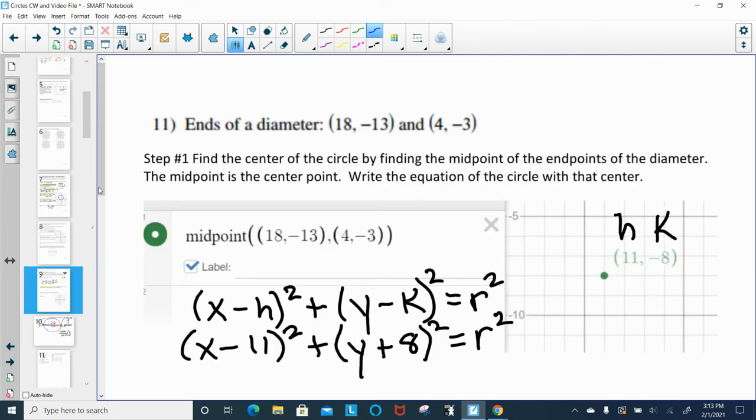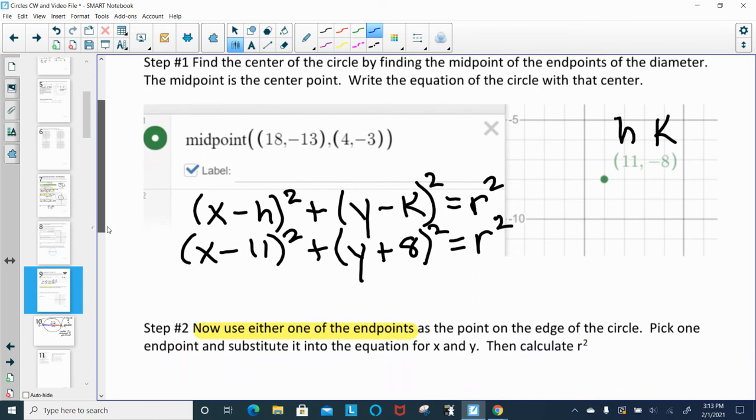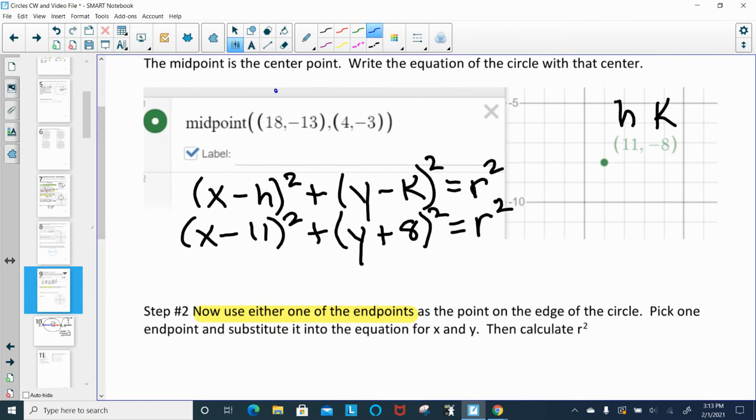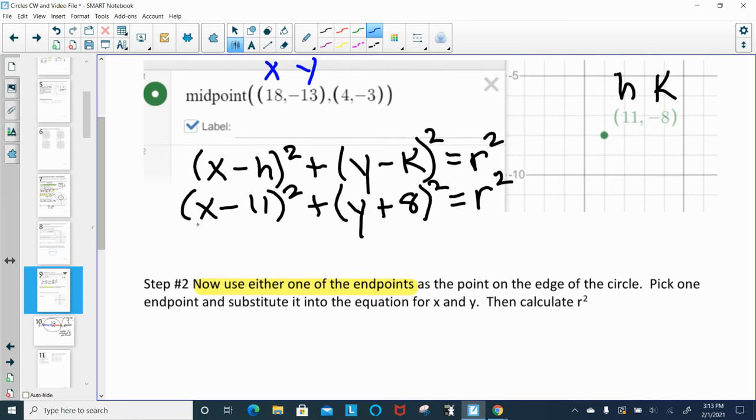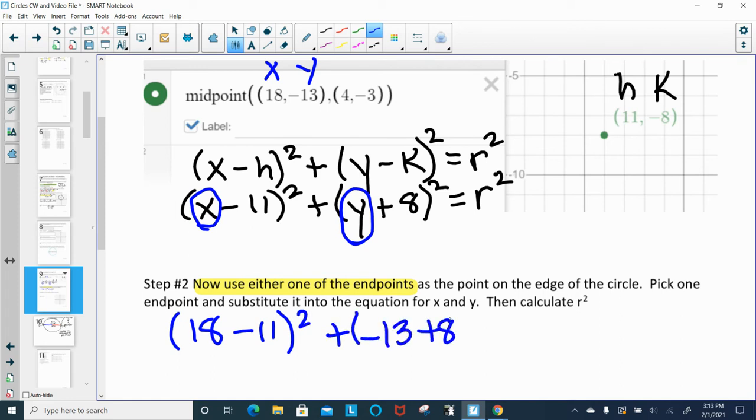So I'm going to pick the first one, 18 to be my x, and my -13 to be my y. And I'm going to substitute that in for x and for y. And that's all equal to r squared.